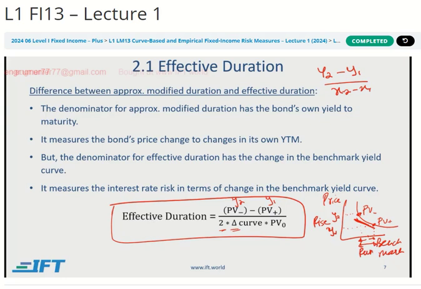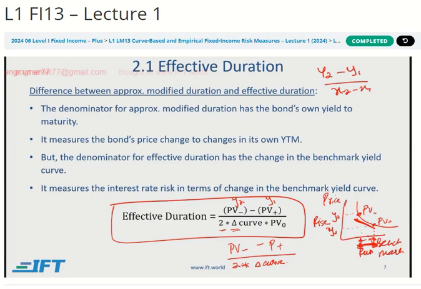That's how you calculate the slope. So PV minus PV plus is the rise, divided by the entire run from one end to the other. Whatever the yield curve change is on both sides, you multiply it by 2 to get the entire run. And this gives you the slope.